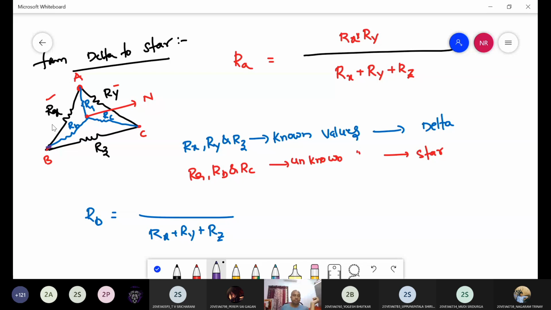From B point, what elements are there in the delta? Rx and Rz. Rx into Rz. Rc is equal to Ry and Rz by Rx plus Ry plus Rz.